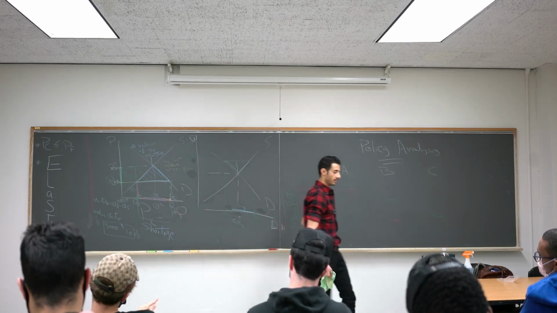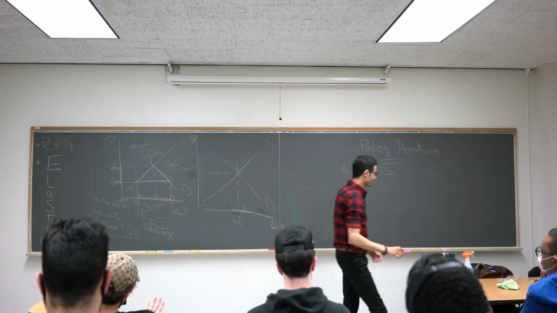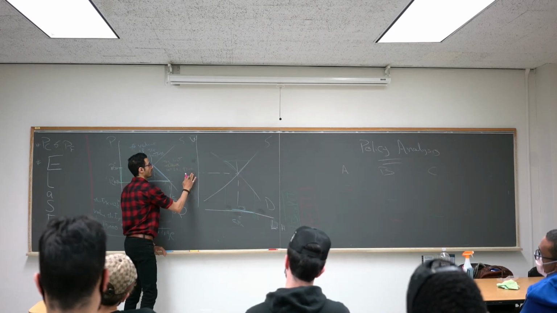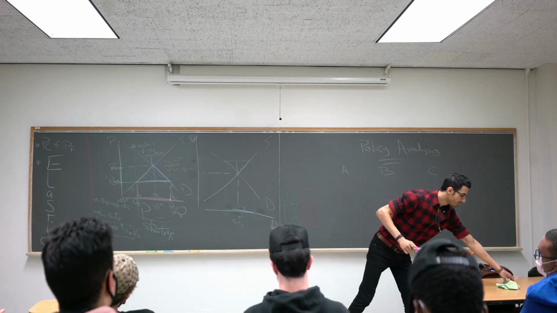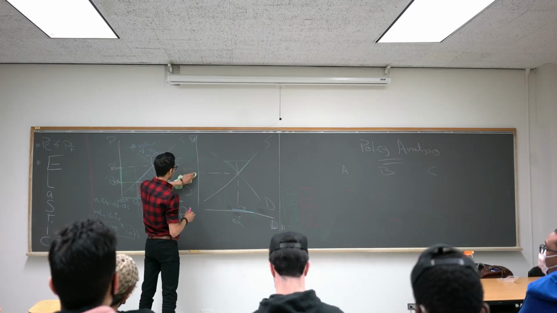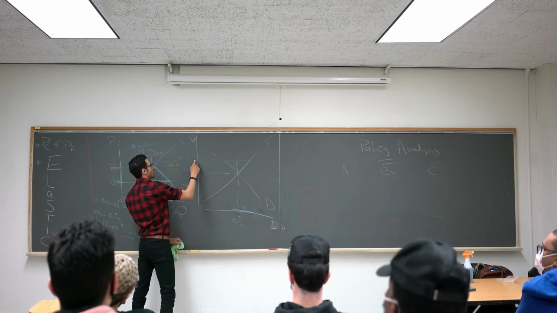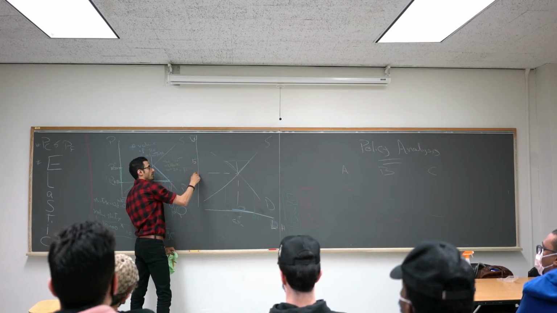What number should I write? What goes here? What's the equilibrium? Oh, let's start with the price floor actually. Let's start with the easy one. What's in here? 15, right? Hopefully.